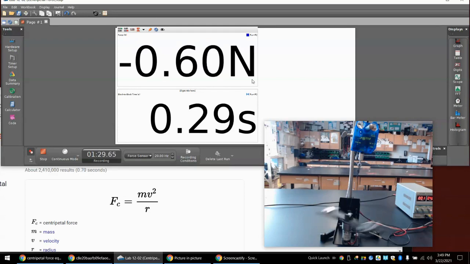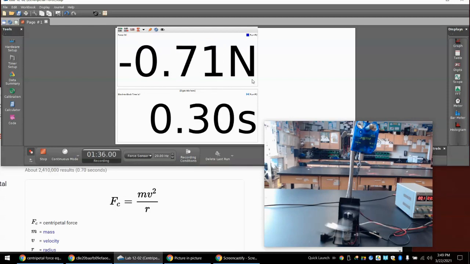The force at this point is floating about 0.63 newtons, 63 hundredths of a newton. It's bouncing around a little bit. That's an error in the force sensor itself. As this thing is spinning, there is a little bit of an extra pull, but you can see the value.